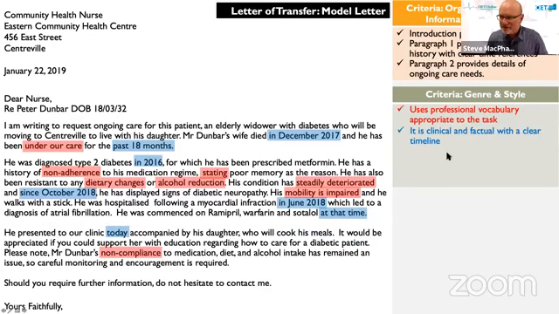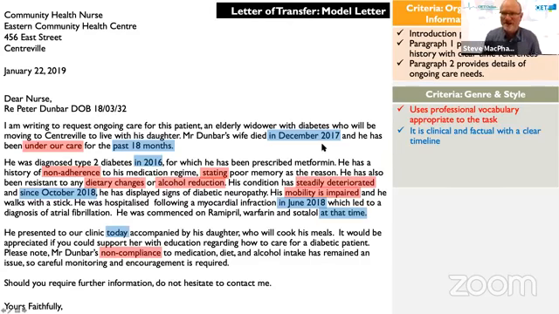Now, it's clinical and factual. Notice there's not a lot of signal words. There's no in addition, moreover, therefore, furthermore, as a result. We don't really need to use that. The best signal words you can use are actually time references, everyone. So look at the time.